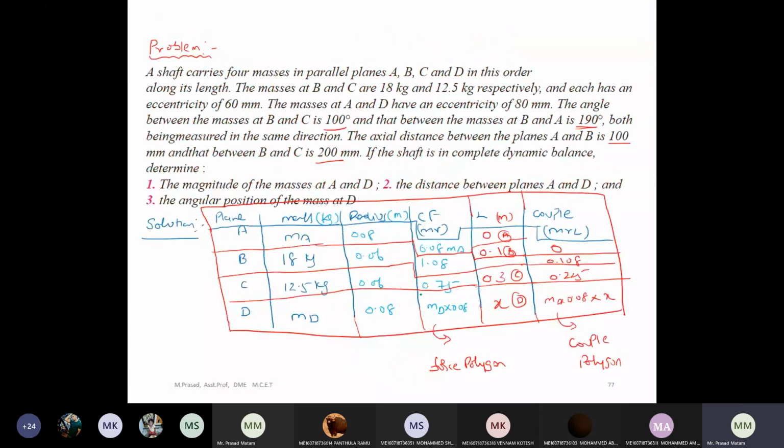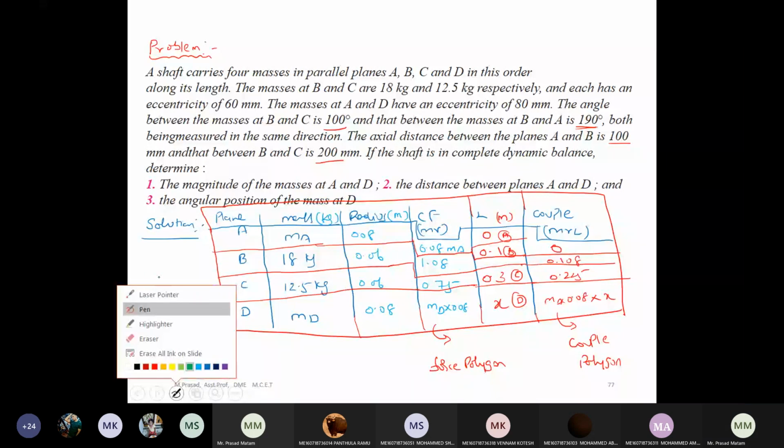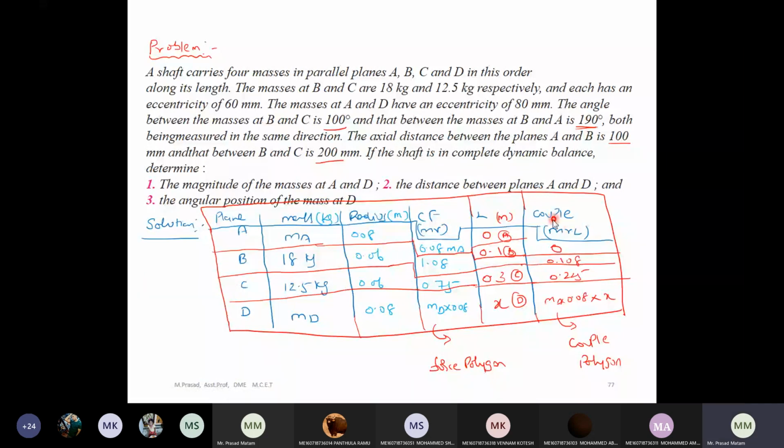Now tell me which is to be drawn first, either couple polygon or force polygon. Suppose if I take a couple polygon, what are my unknowns here? For plane A it is 0 anyhow. For plane B it is 0.108, for plane C it is 0.225, and for plane D it is MD into 0.08 into X. So if I take a couple polygon, I am supposed to find out the MD and X values.